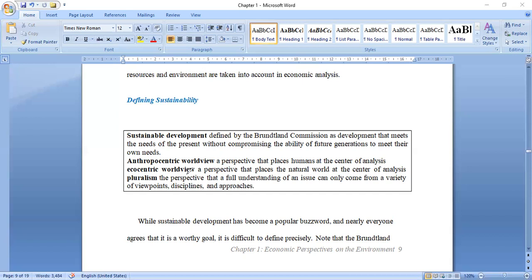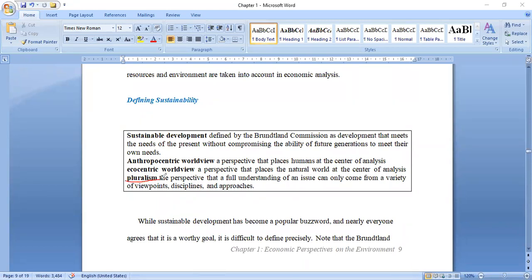And then the ecocentric worldview is that perspective that puts the natural world at the center of analysis. When you talk about the natural world, we are talking about the natural resources, yeah? And then pluralism, plural. I hope you know the word plural.